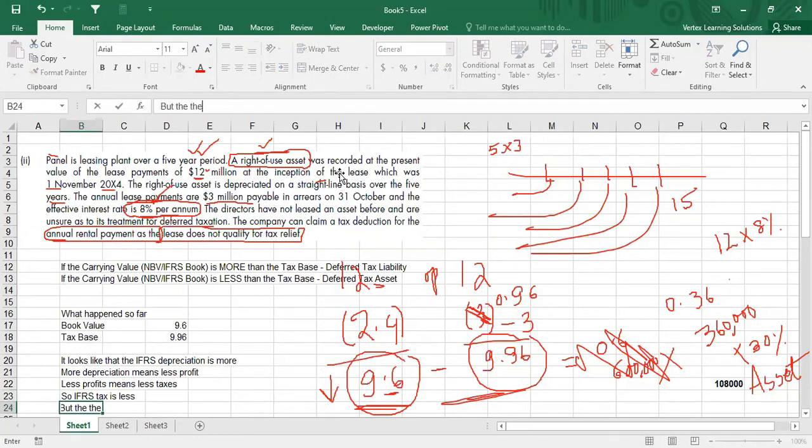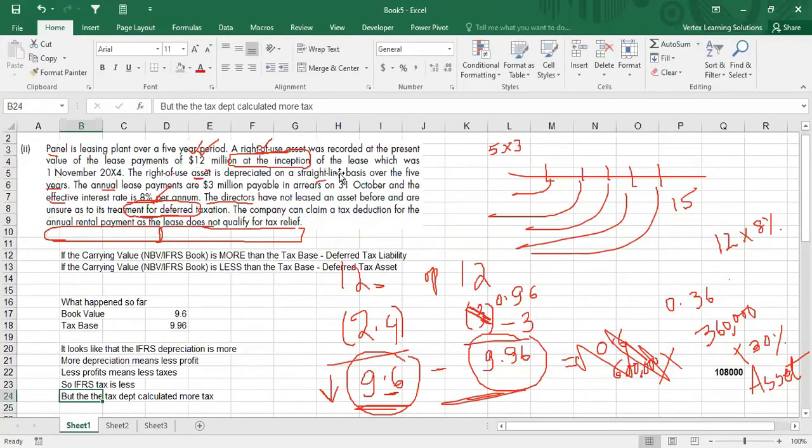But the tax department calculated more tax. IFRS tax is less than the tax department calculation.